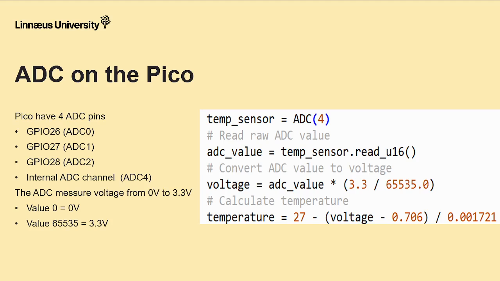So this code up here is first of all connecting the ADC to the temperature sensor, and then we read it using read_u16, and we use this nice formula to get the voltage, and then we use the voltage to get the temperature.